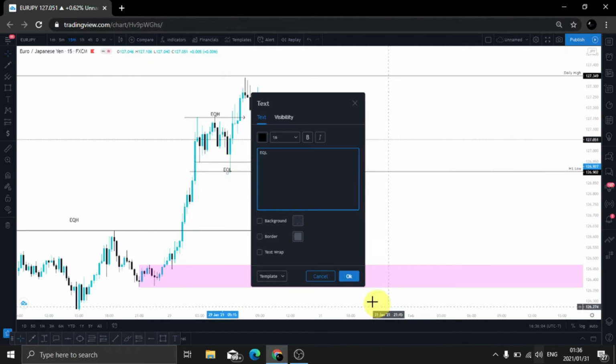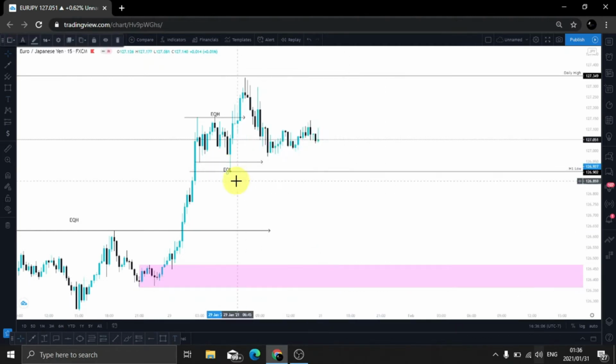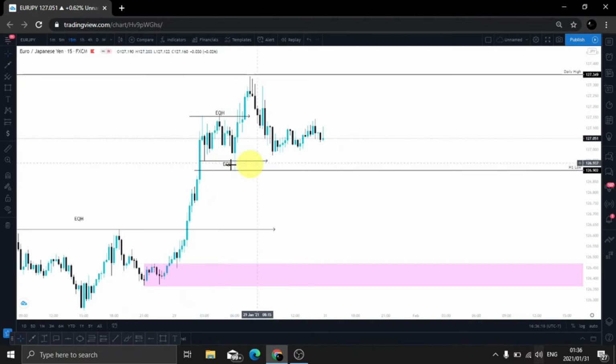We know that under our support level, this is our support level, with equal lows, there must be a bit of liquidity lying over here.